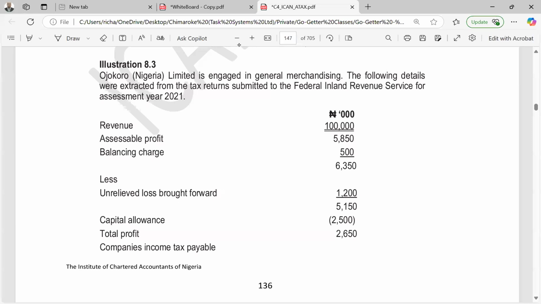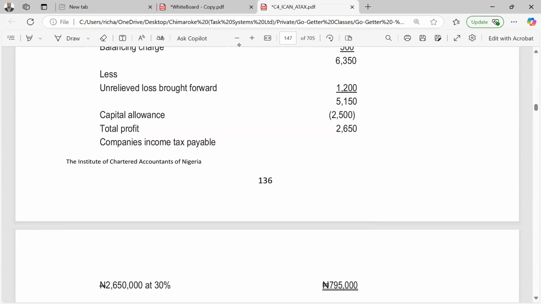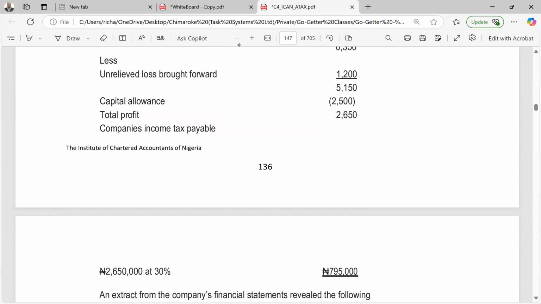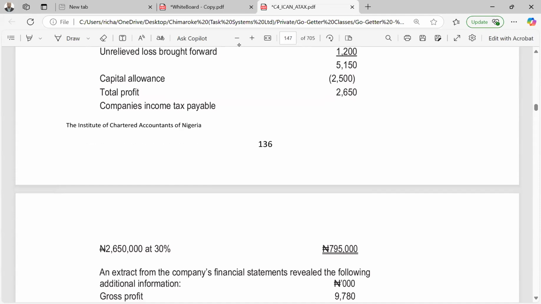You brought your capital allowances 2,500,000 and you're having 2,650,000 as a total profit. And now the company is liable to pay 30% of 2,650,000, which gives me 795,000. Okay, now this is what they would have filed to the FIRS.